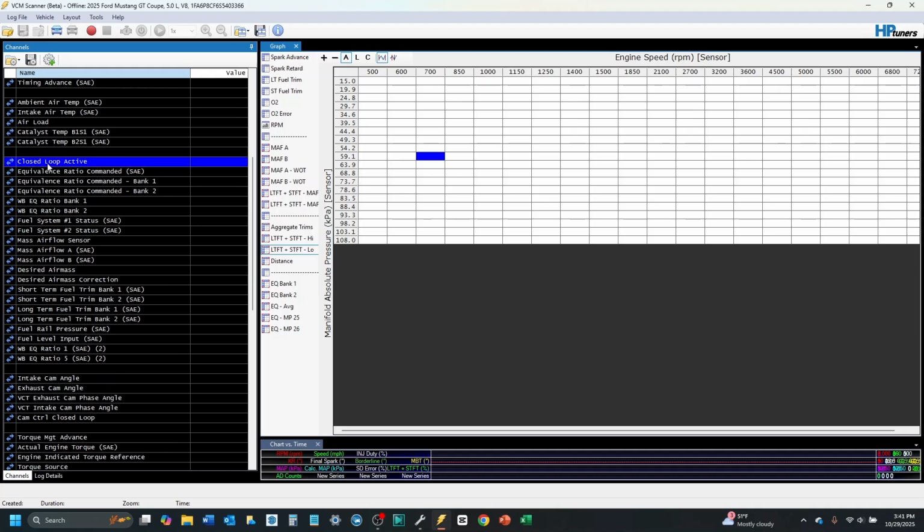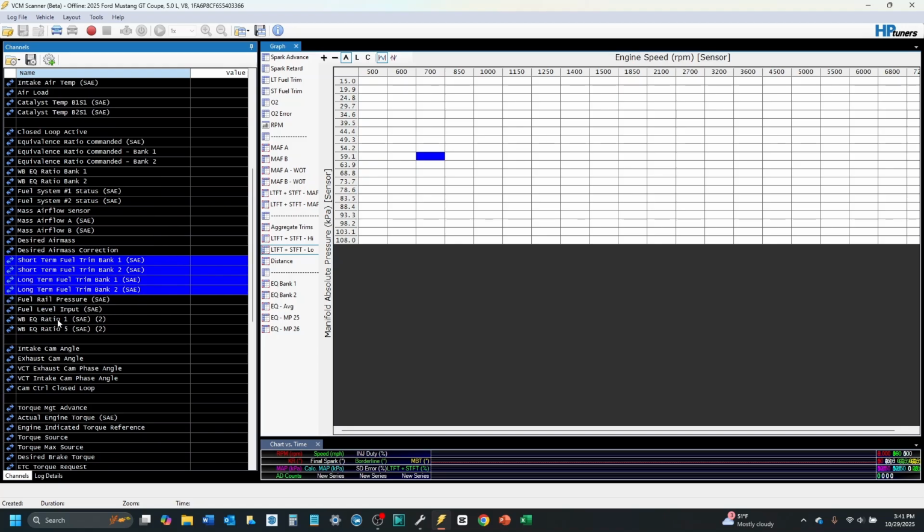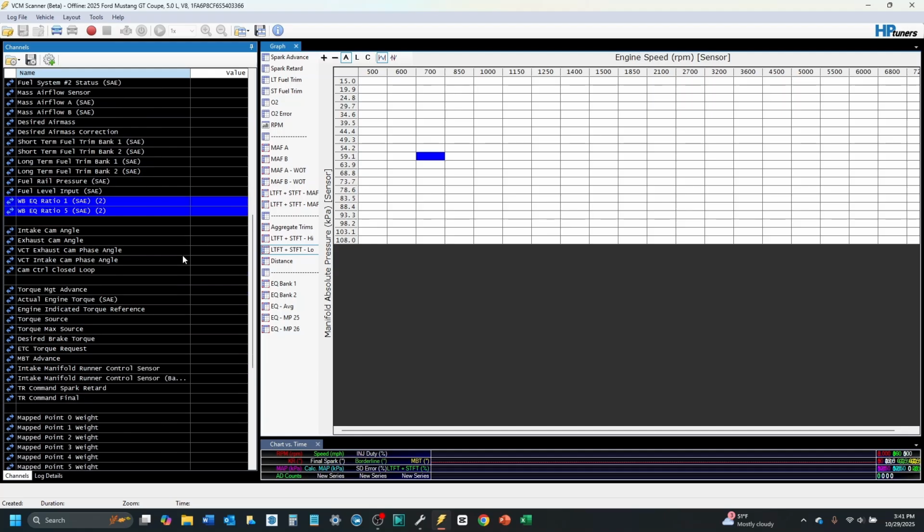Closed loop active is good to see. Definitely need your Lambdas. Later on, you're going to want to make sure you're getting your EQ ratios. Later on with managing VCT and the camshafts, you're going to want to have your variable camshaft intake and exhaust cam angles.